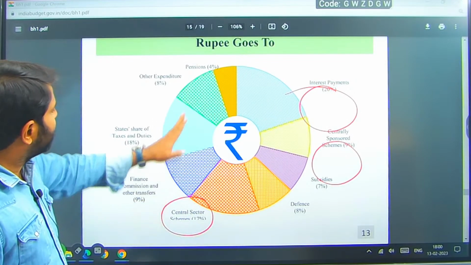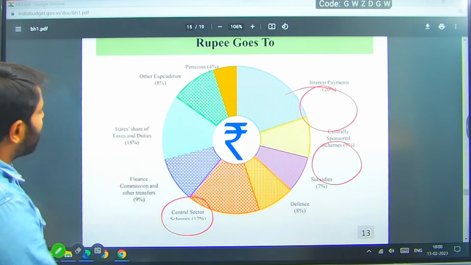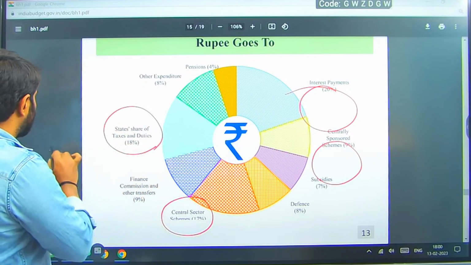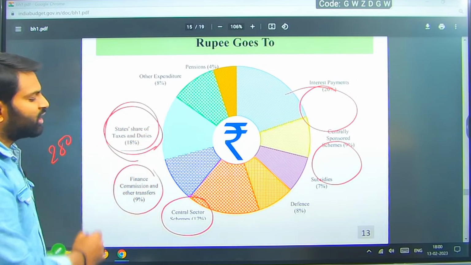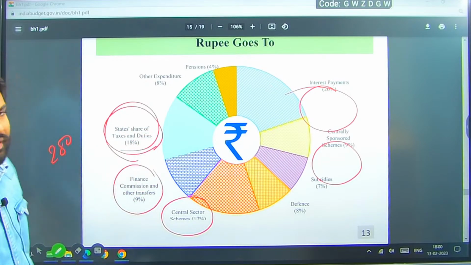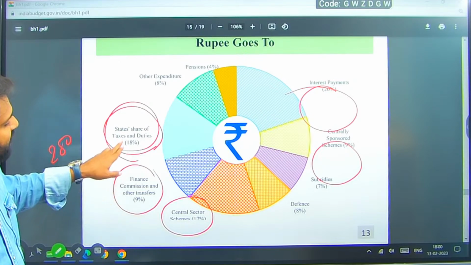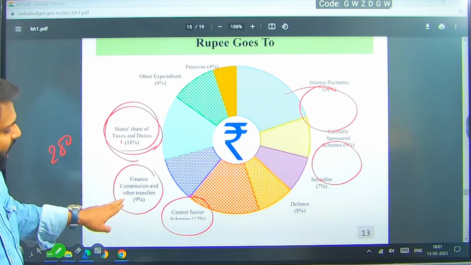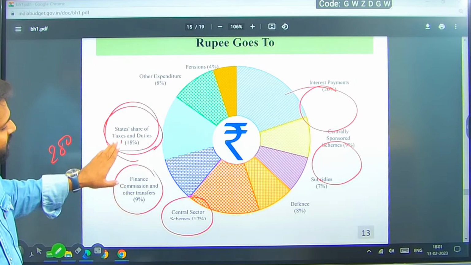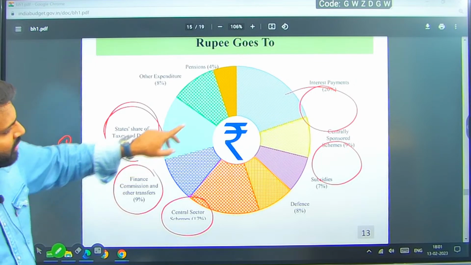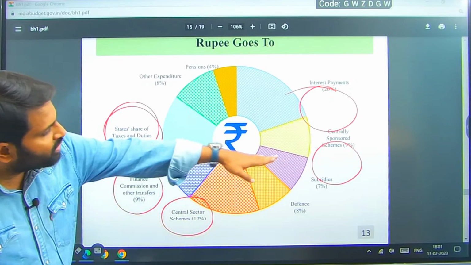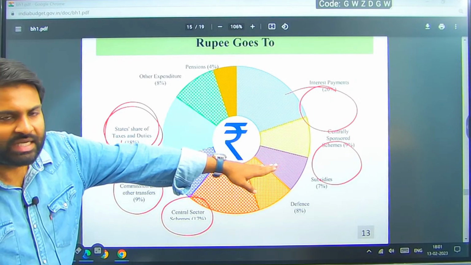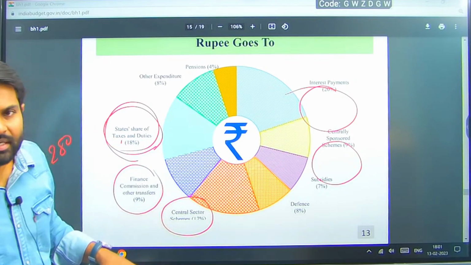And similarly state share of taxes and duties, Finance Commission, Article 280, Finance Commission transfers and state share of tax and duties, both based on Finance Commission. We will discuss about Finance Commission later. So state share is 18%, interest payments is 20%, schemes it is almost 26% together, central sector and central sponsored schemes.